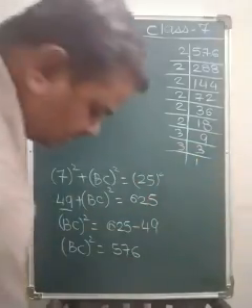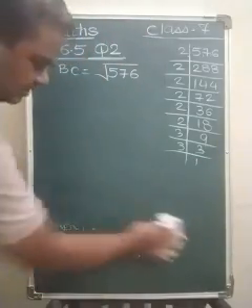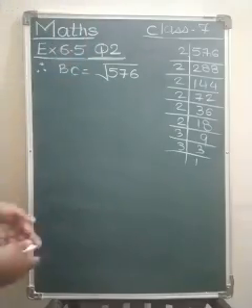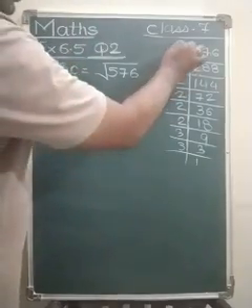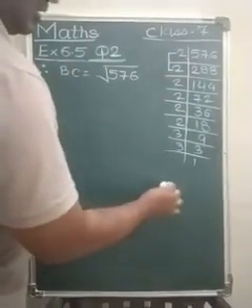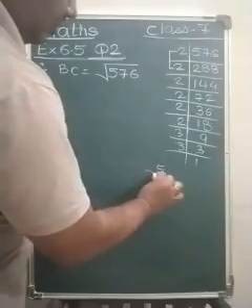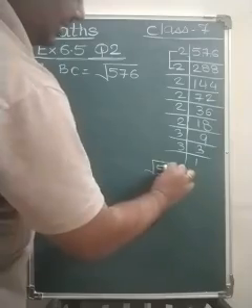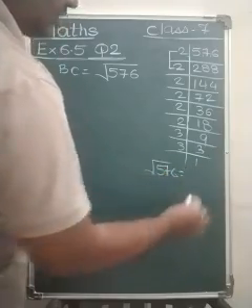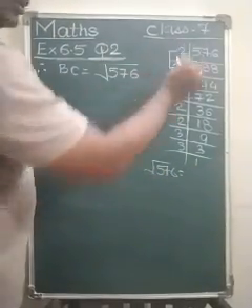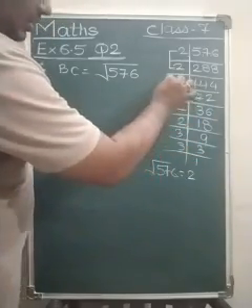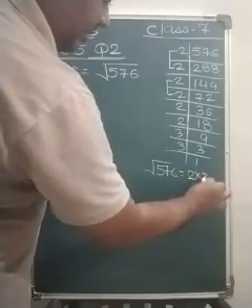Quite a long prime factorization. So again in the rough work we will find out, or here only we will do. This is one of the pair. So square root of 576 equals, this is one of the pair. For both the pair we will write only 2. This is another pair, multiplied by 2.